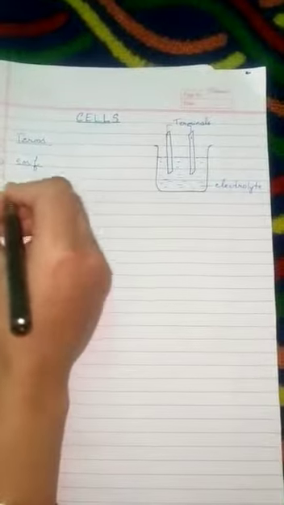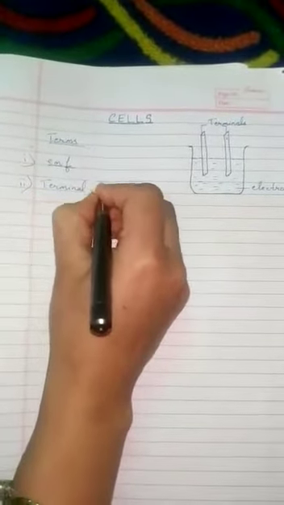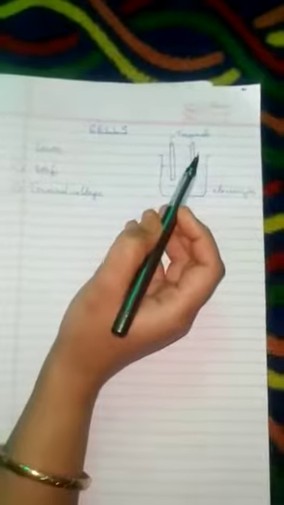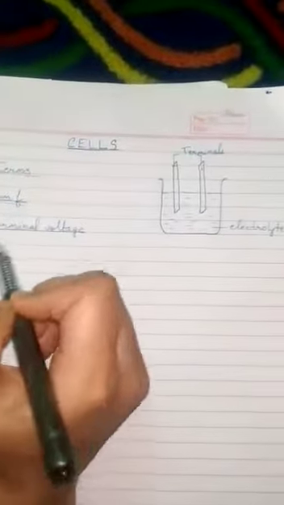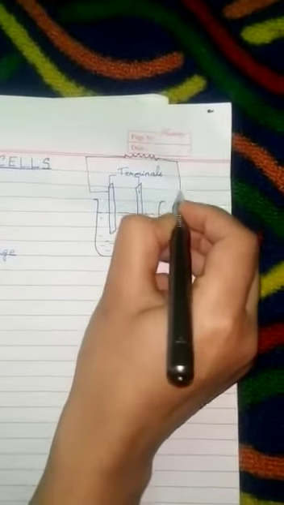Now the second term here is terminal voltage. Looking at EMF, the definition was when there was nothing connected to the external circuit. Now to define terminal voltage, we will connect a load which draws current from the cell.